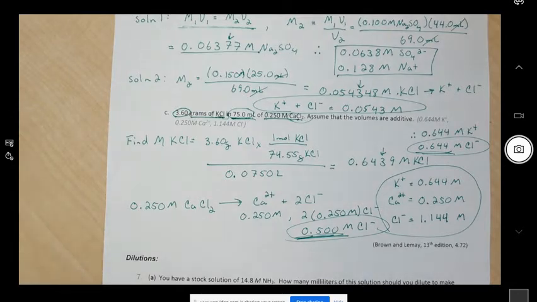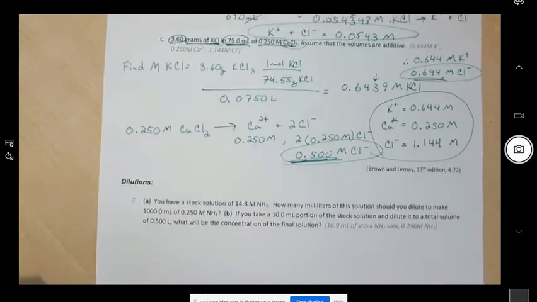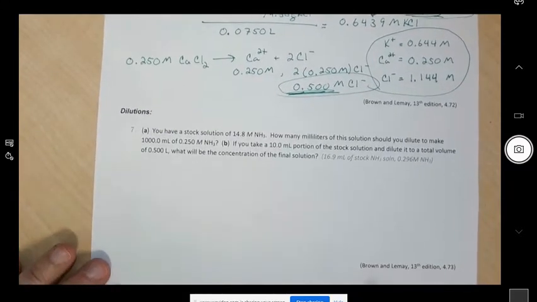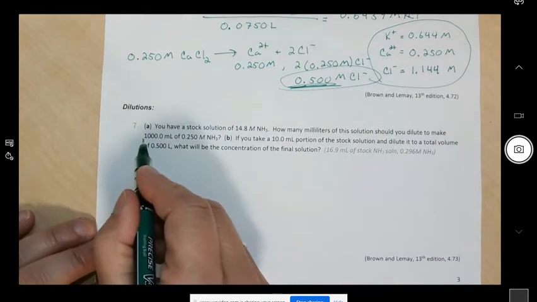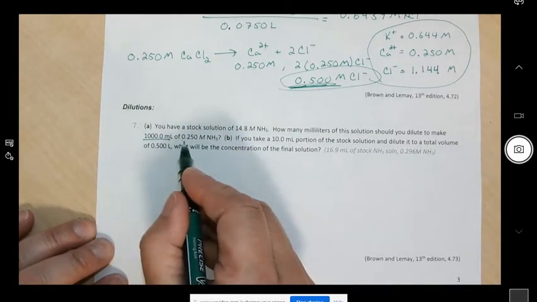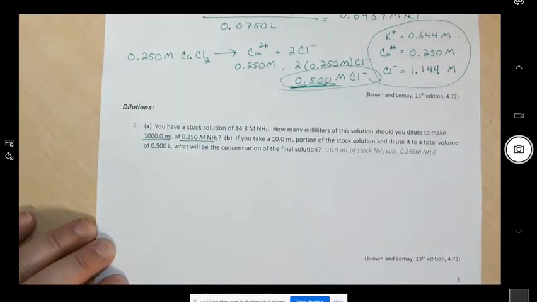Now let's move on to dilutions. So in the video or in lecture or however we went over this, you know a stock solution is the more concentrated solution. So they want to know how many milliliters of the stock solution you're going to need to dilute to make 1,000 milliliters of a lower concentration solution.